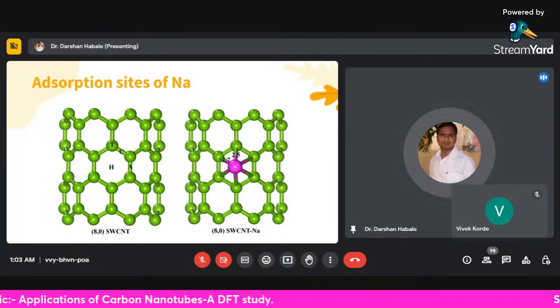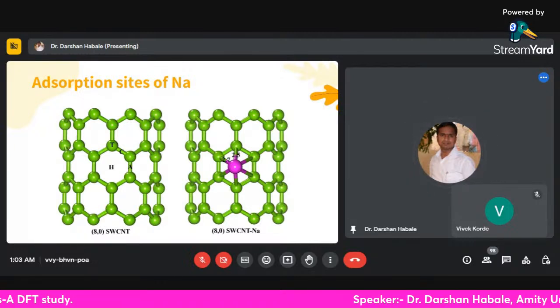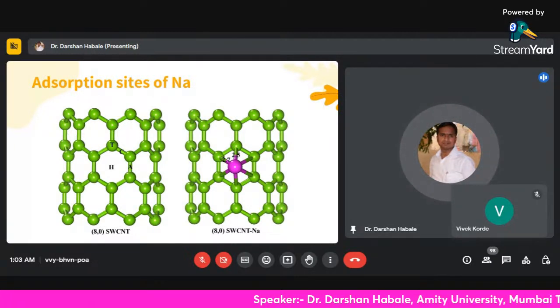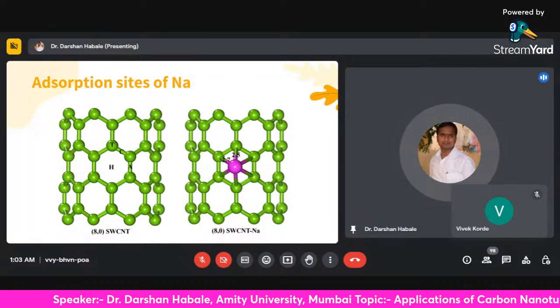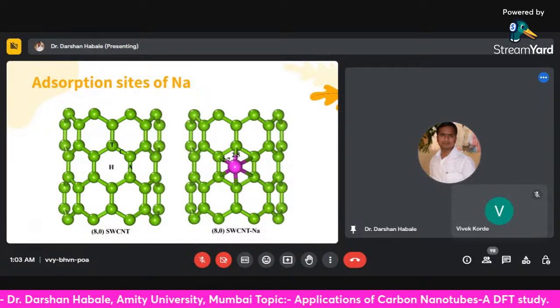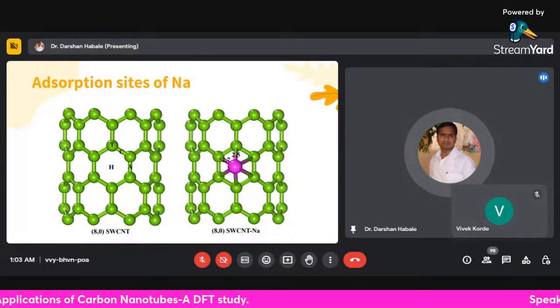So then we shifted to carbon nanotubes, and again, if you use a pure carbon nanotube to adsorb the hydrogen molecule, it shows very little binding energy. So at that time we wanted to improve the binding energy of hydrogen.